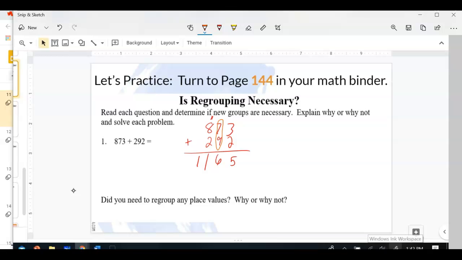And then when I bring one group of 100 to the hundreds place and I add the 8 plus the 1 plus the 2, that's 11. So in actuality, I had to regroup the hundreds place. I had to regroup the tens and the hundreds place. So those are the two places that I had to regroup.